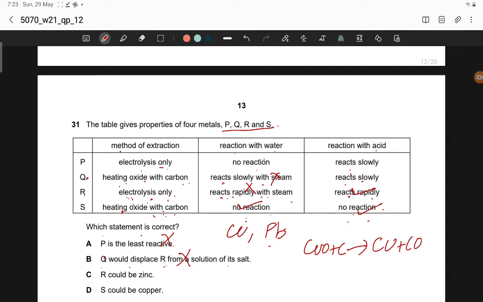Not rapidly with steam, moderately reacts with steam, so R could not be zinc, and R cannot be extracted from its ore by using electrolysis. So this is incorrect. S could be copper. Yes, S could be copper, which reacts with carbon to form copper and carbon monoxide.